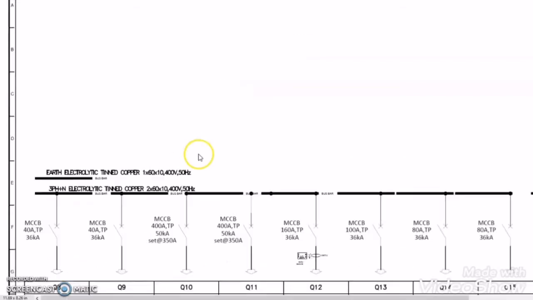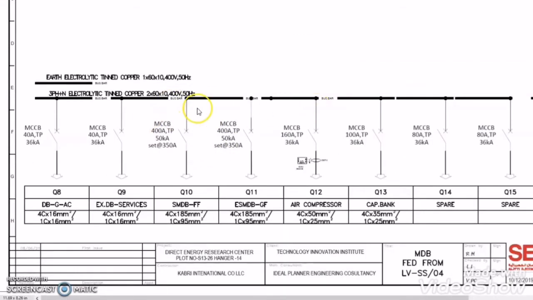If we check these other outgoings of the same MDB, you will see that the short circuit breaking capacity of the outgoing cable is 36 kiloamperes, and some have 50 kiloamperes.